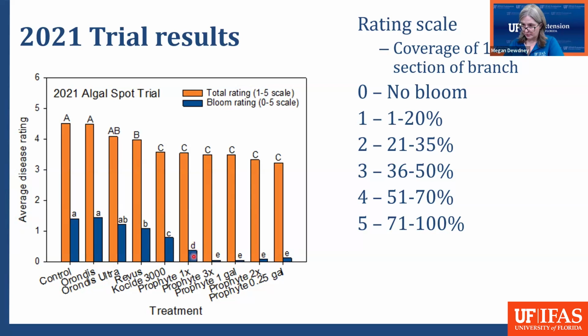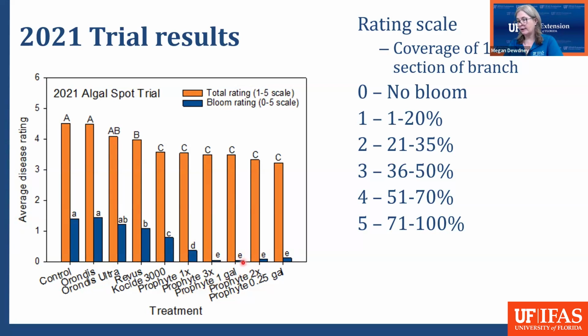So one time with prophyte at 0.5 gallons, if you don't see it till the end of the season, that's certainly an option. It's not bad. We get the best performance out of 3 or 2 prophyte at 0.5 of a gallon. We looked at 1 gallon.